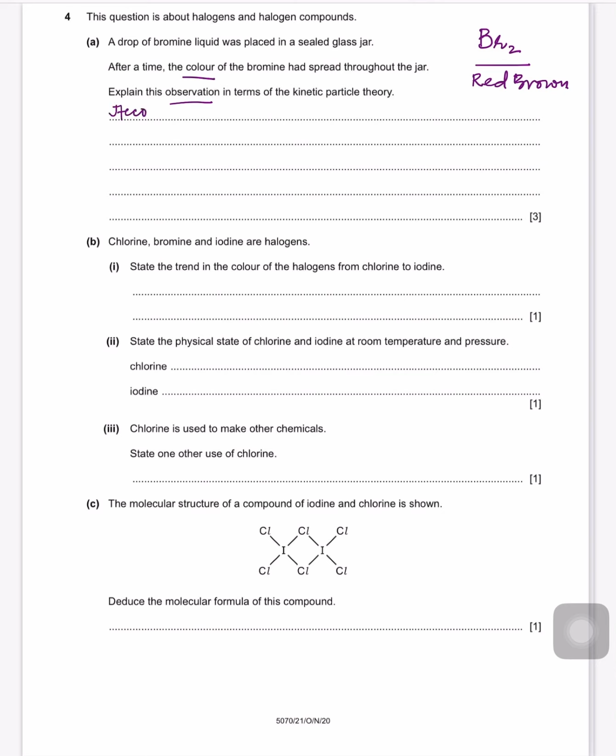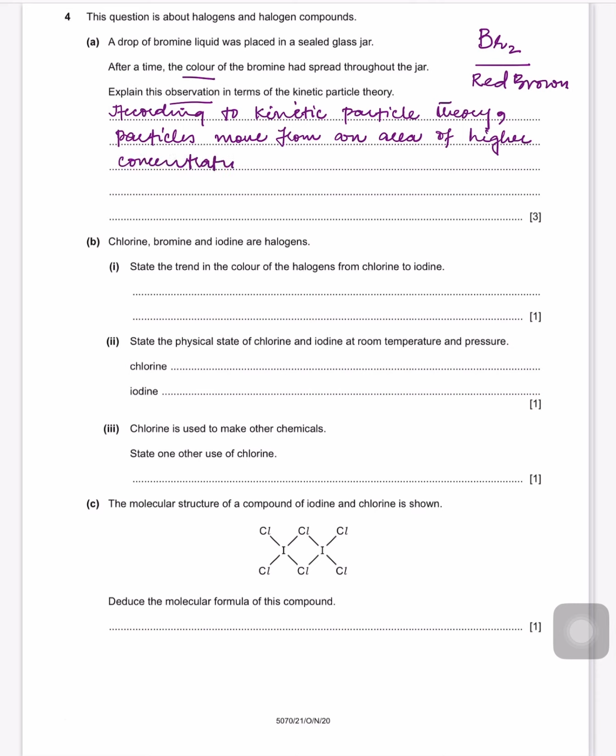According to kinetic particle theory, particles move from an area of higher concentration to an area of lower concentration.